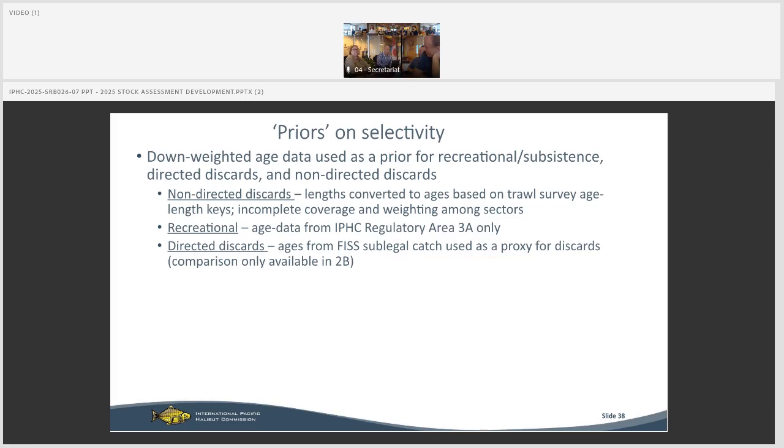They could be off. There is an observer program on both the West Coast and Alaska. It's not comprehensive the way it is in BC. There is some level of coverage in Alaska. I think it's in the 13 to 18% range. They can't land sublegal fish in Alaska.